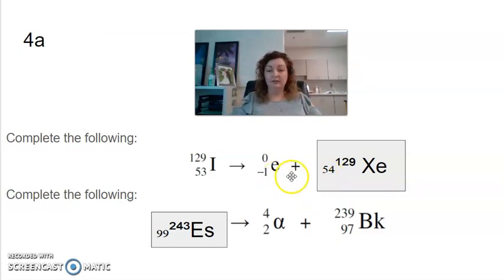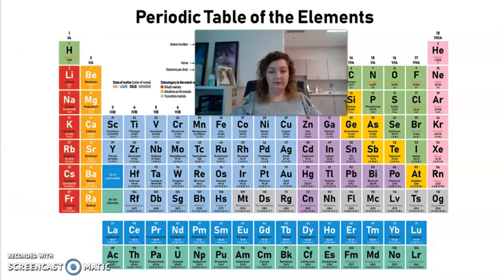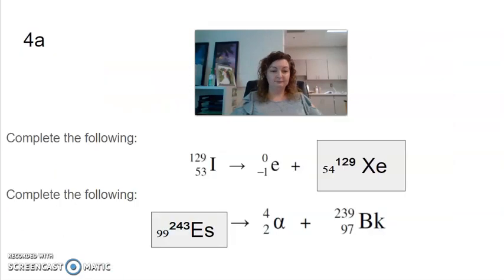The 54 plus -1 equals 53, right? So make sure you check your math in both directions to ensure you have the correct answer. And then if you look on the periodic table for 54, you will see that that is Xe. So you can go ahead and look that up at any time you guys need to. All right, so it's right there.